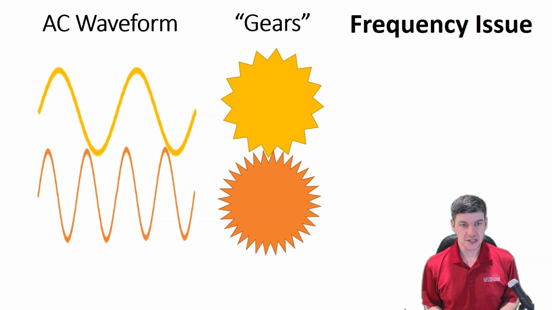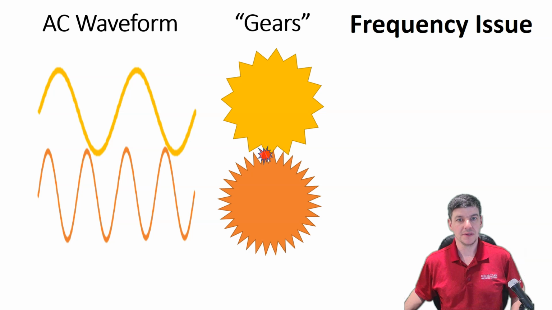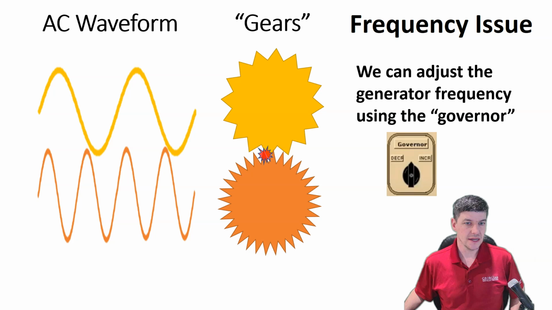Are they going to match and mesh together? No. So in order to be able to make these things work and be compatible, what I need to do is adjust my frequency. And what I'm doing is essentially changing the shape of that gear or changing my waveform. And we'll use a component known as the governor to do that.